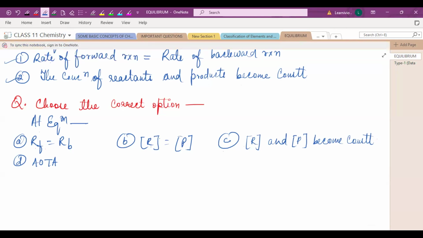It's A and C. The concentration of reactant is not equal to the concentration of the product. They become constant, but they are not equal. Constant and equal have a big difference. These are not same. So the first option, the rate of forward reaction is equal to the rate of backward reaction, and option C are correct. This is not correct. Don't be confused in that.